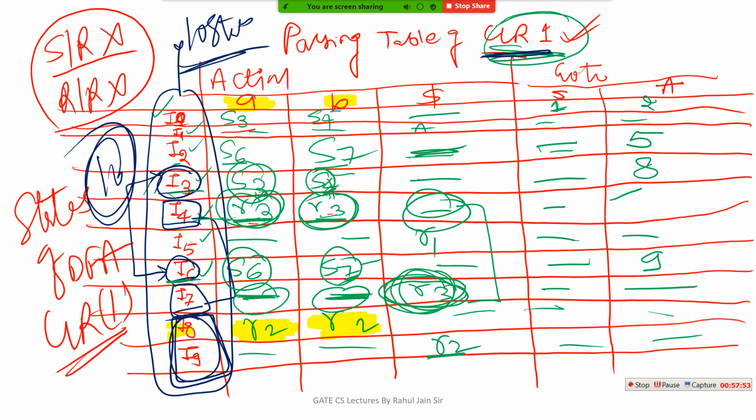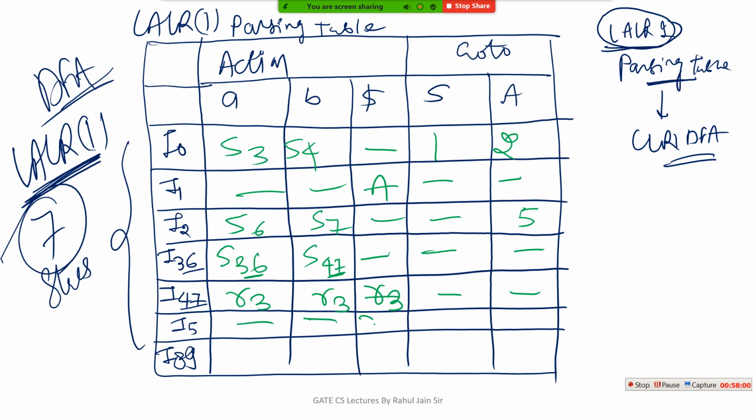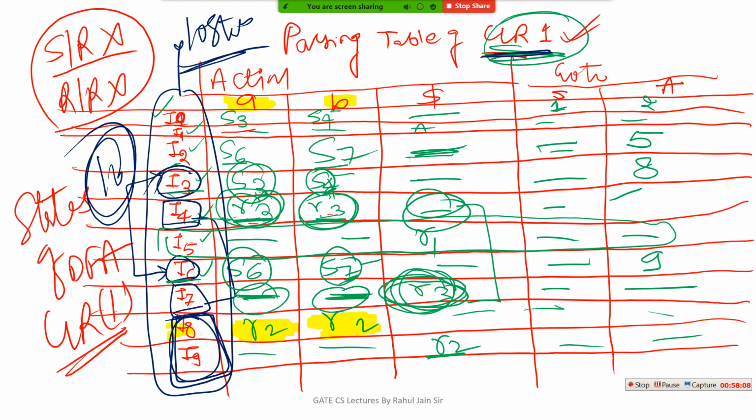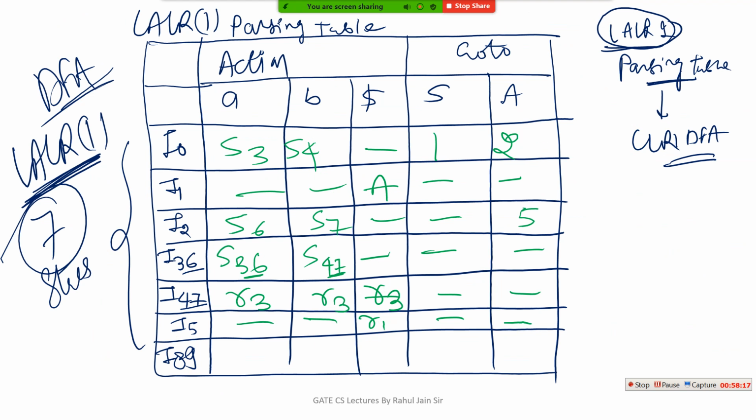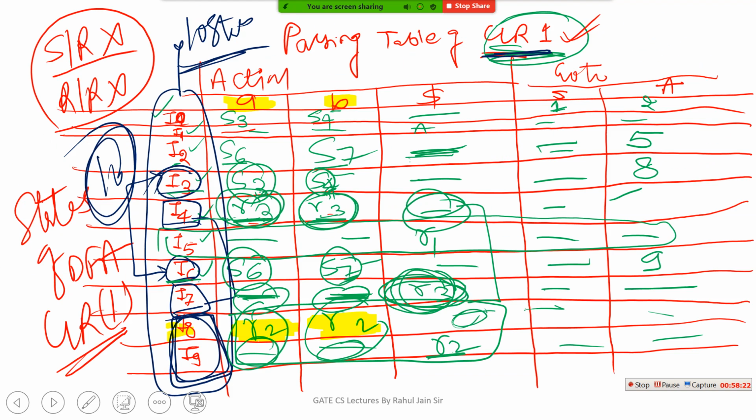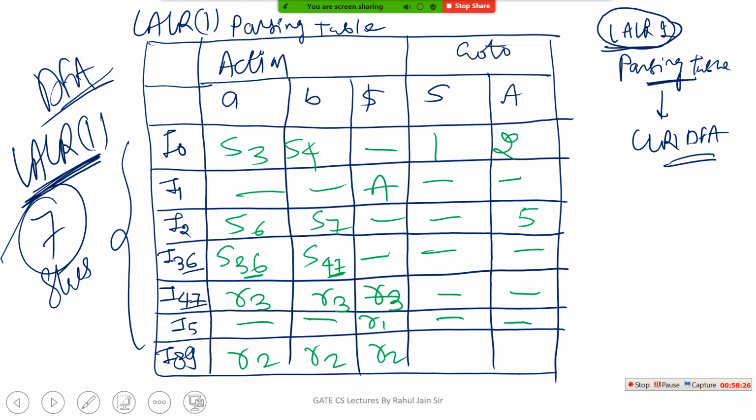Now I5 will remain the same as CLR1, so blank, R1, blank. And the last one is 8 9. We need to merge it, R2 with this R2, nothing is there, blank, so it would be reduce to R2, and here nothing is there, so just write blank.